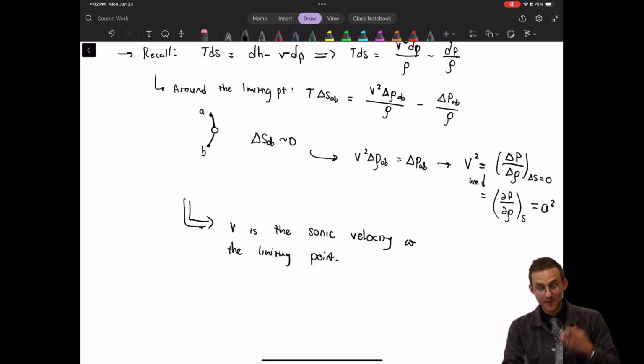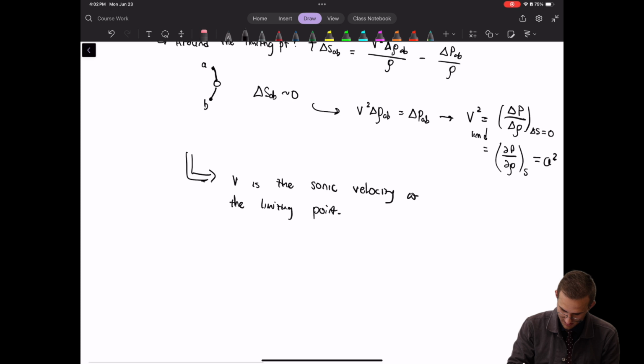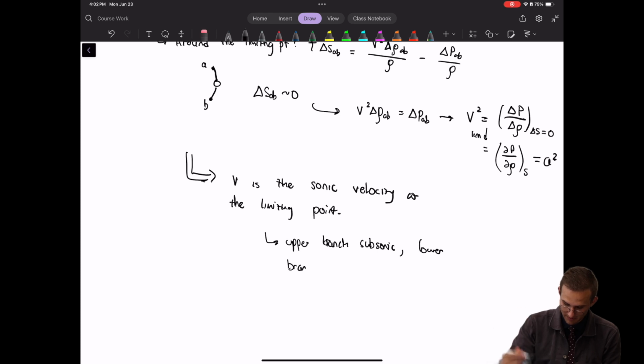So the upper branch is subsonic, and the lower branch is supersonic, with the upper branch being above the limiting point and the lower branch being below the limiting point in that diagram.